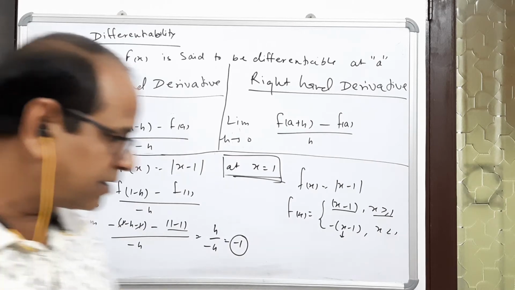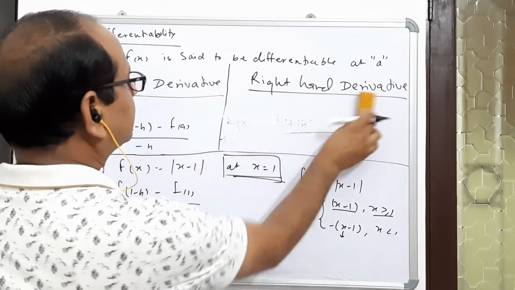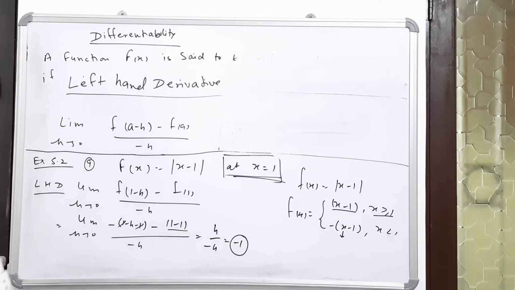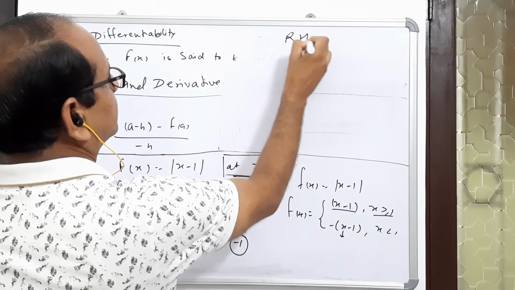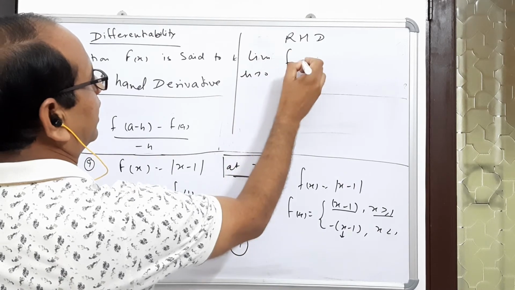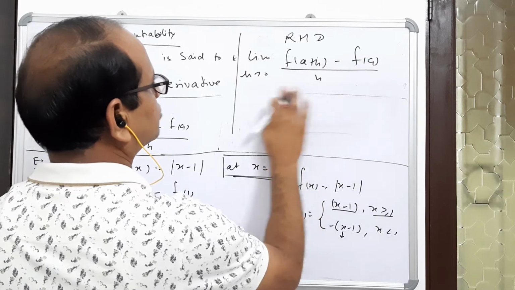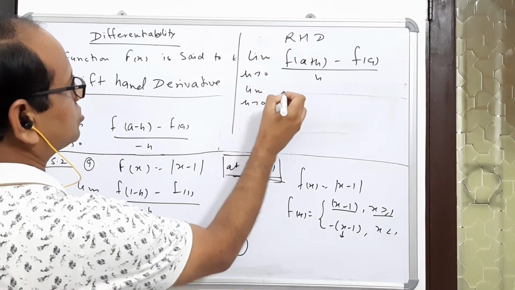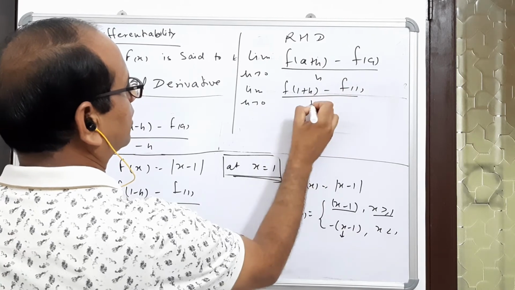Now I am calculating the right hand derivative. The right hand derivative is limit h tends to 0 of (f(a plus h) minus f(a)) upon h.